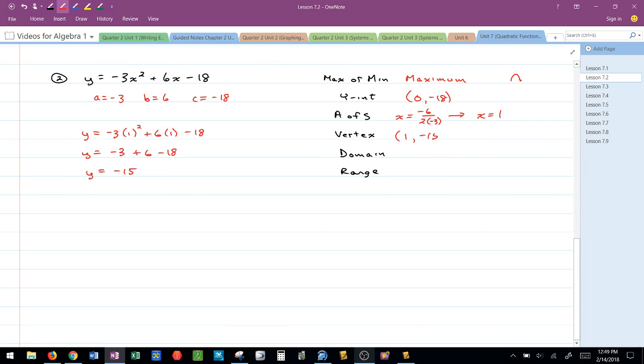That becomes the y value of my vertex. The domain is all real. And the range, because it's a frown, would be y is less than or equal to the y value at the vertex, negative 15. Hope this helps.